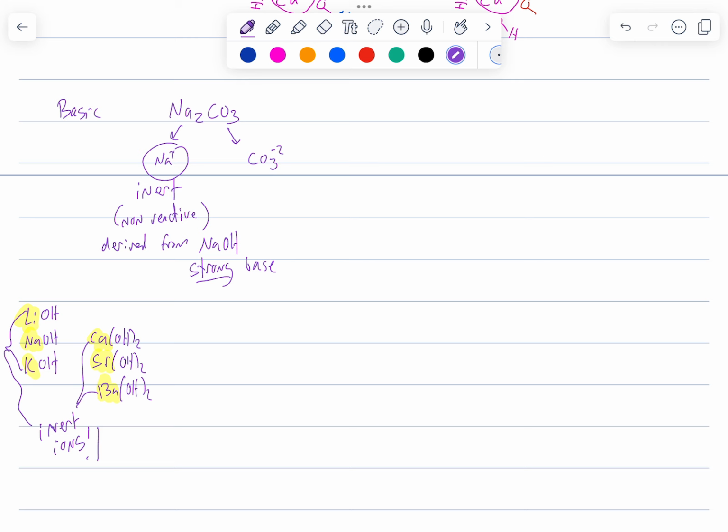And that's really the reason why you need to know the list of strong bases and strong acids, because you have to be able to tell if an ion is going to be inert or not. So the easiest way to know that is to memorize the strong acids and strong bases.